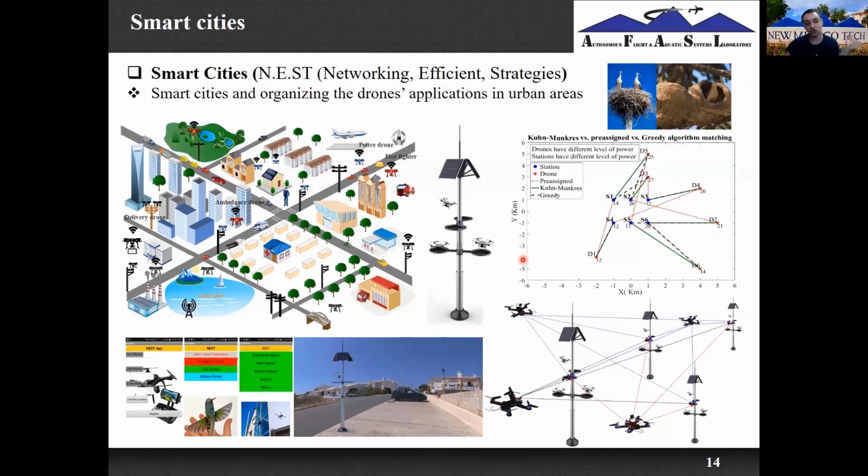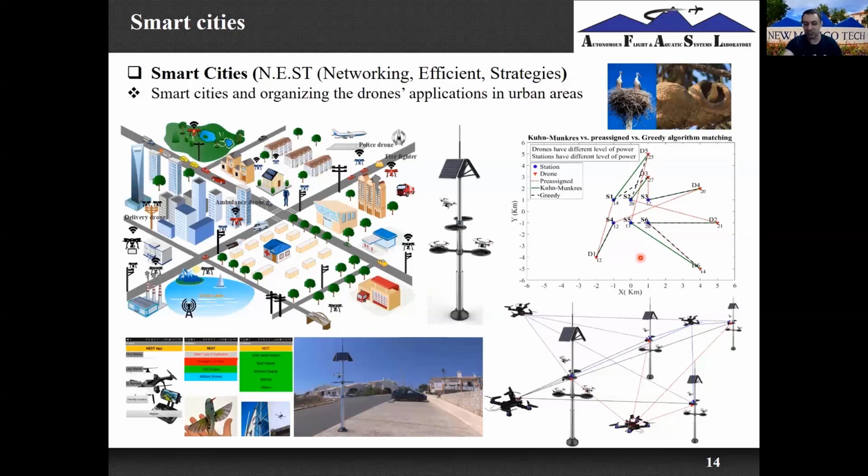So if each drone gets back to its pre-assigned station, this is not an optimized way, because we cannot have a more agile system. This way, it's better, more optimum, if we can minimize the whole energy required for the drones to perform different types of missions.